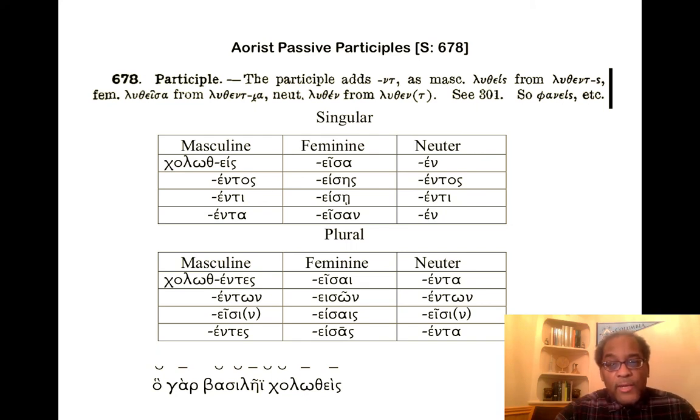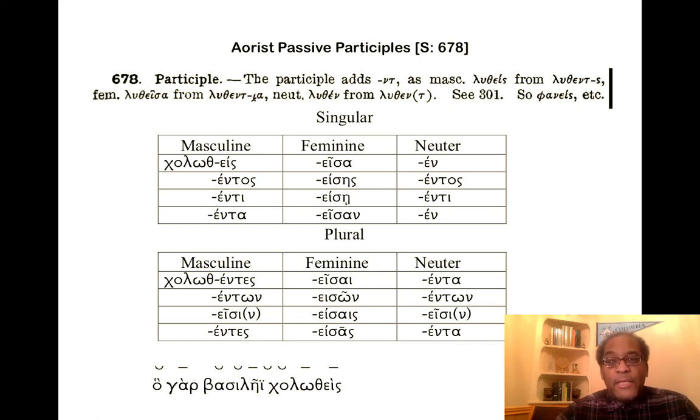So your endings are as displayed here: kolotes, kolotentos, kolotenti, kolotenta. And you will see that these endings are like the endings of the third declension in the masculine and the neuter. The neuter you get koloten, kolotentos, kolotenti, koloten.